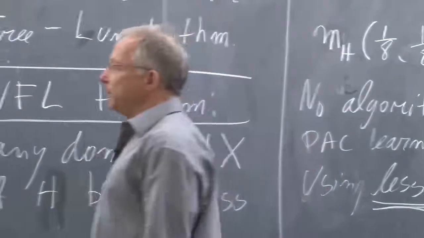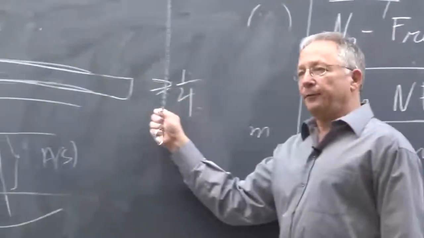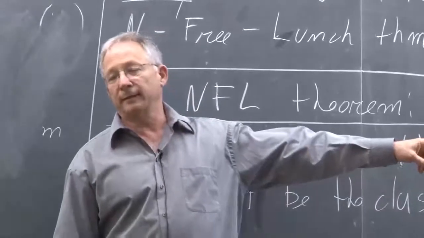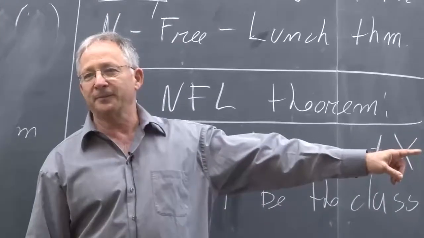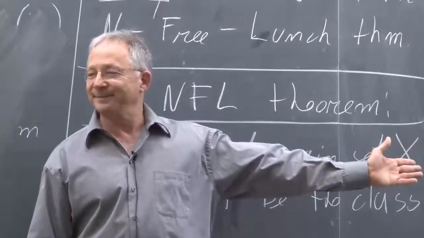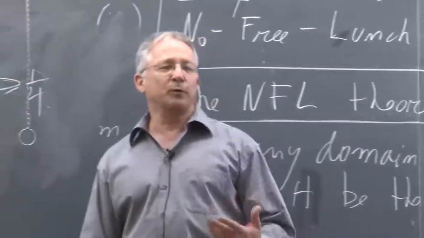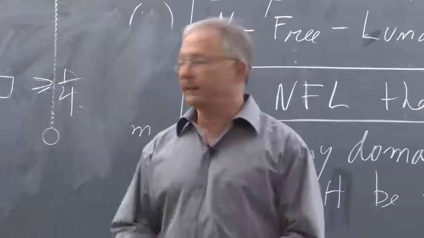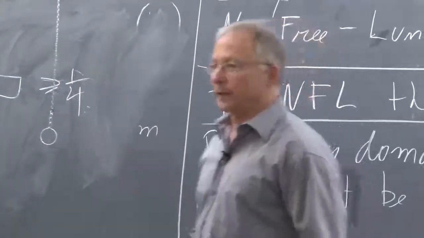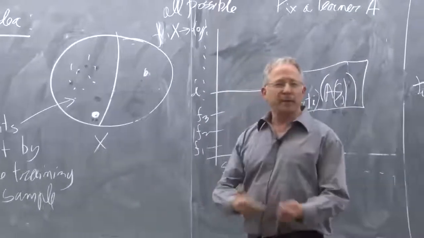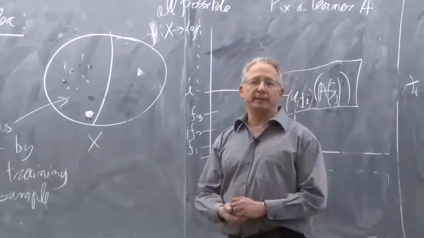Now, how we get from average quarter to epsilon equals 1 over 8, delta equals 1 over 8 will be in your assignment. That's not the crucial point here. The crucial point here is understanding this argument that if I allow all possible functions, my algorithm cannot have guaranteed success.